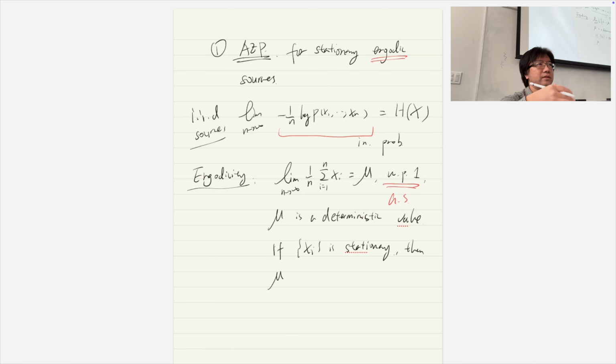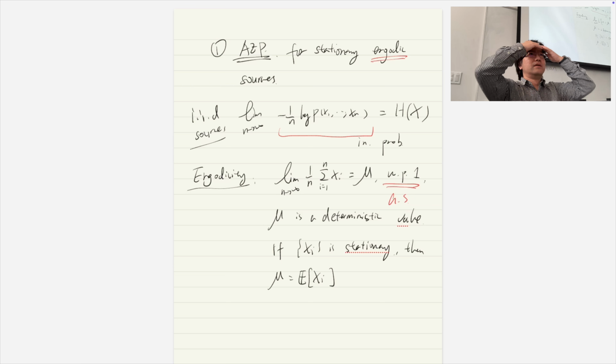So since the distribution does not change over time, mu will be equal to the expectation of Xi. Therefore, for an ergodic stationary process, this limit will give you the mean, which is exactly the same as for the IID process.